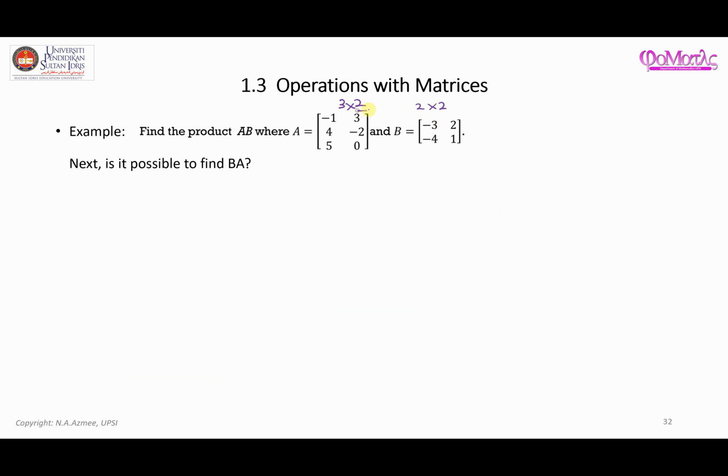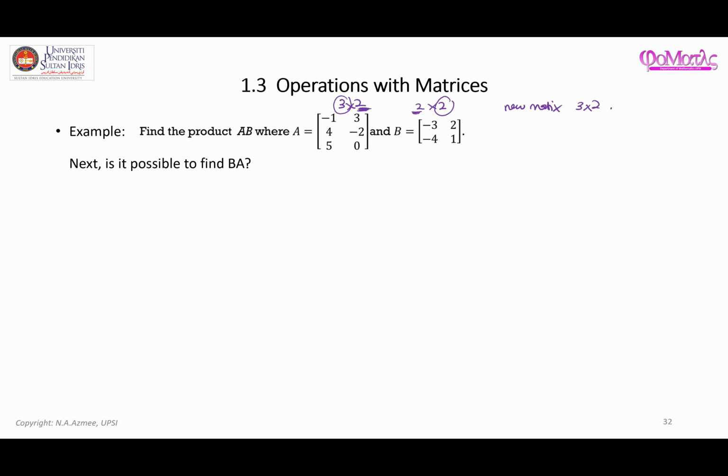Here the number of columns of A matches the number of rows of B. Therefore, the result is going to be a new matrix of size 3 by 2.